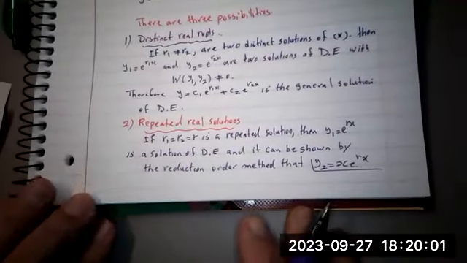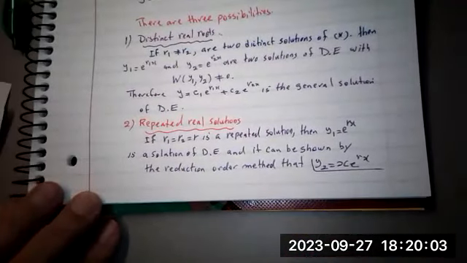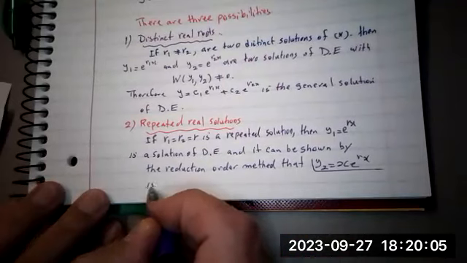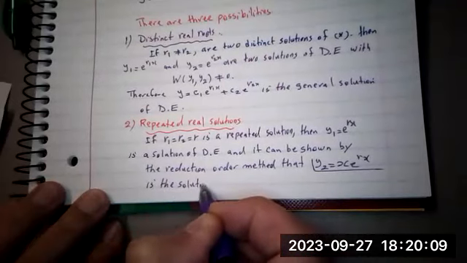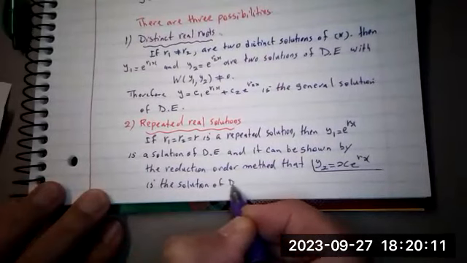We multiply by x. It is going to be the second solution of the differential equation.